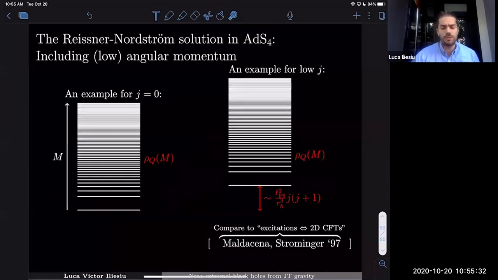And I also just want to mention, because I'll talk about supersymmetry in the next 10 minutes, that in the non-supersymmetric case that I just exhibited, there is a gap between the lowest extremal state and the lowest extremal state with J turned on. So here, within the J equals 0 sector, there's no gap.